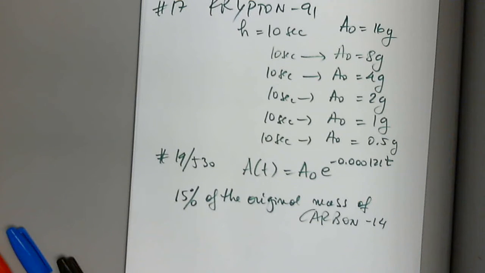So I have a question. Yes, please. If the decay function is negative 0.000121, is k always negative? The sign in front of k is negative. Okay, but the k can always be different. Yes, k is always different from substance to substance. Now, for carbon-14, the previous, what did we have?